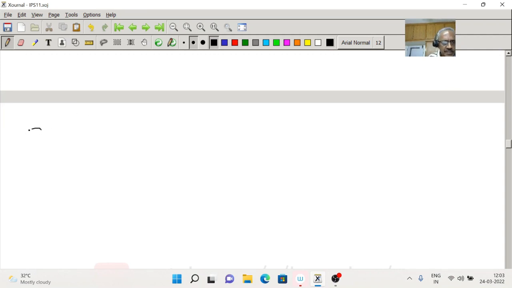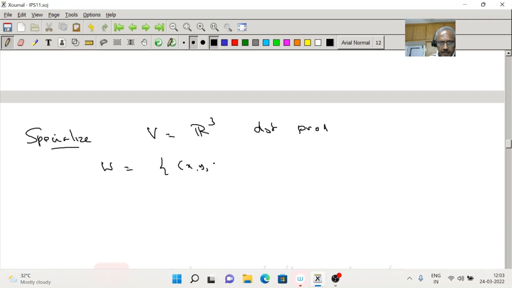Right, let us specialize. Let me take V to be R3 with the dot product and W to be the plane in R3 given by ax plus by plus cz equal to 0. Notice that not all of a, b, c are 0.